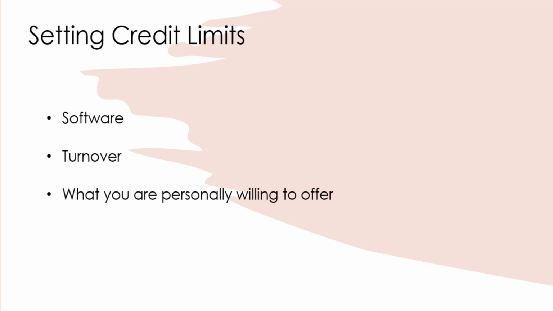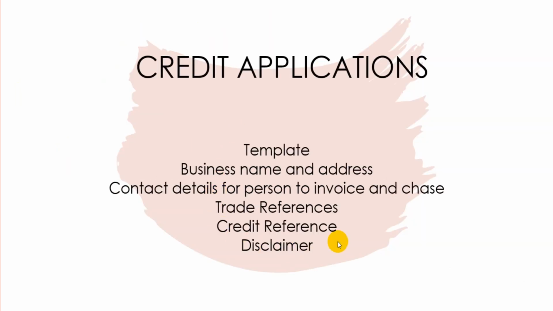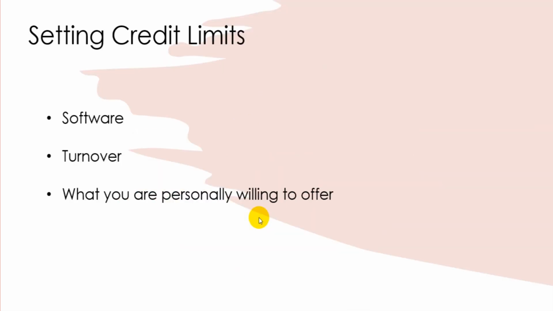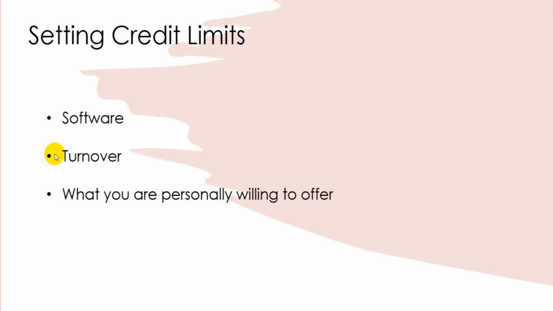Now, there's a few ways to set credit limits to decide what the amount should be. The first is to use some sort of software. As mentioned earlier with credit referencing, some of this software also provides a suggested credit limit for the customer. So you can take that into consideration or use that. Another thing to consider when setting credit limits for customers is the turnover the customer will provide.